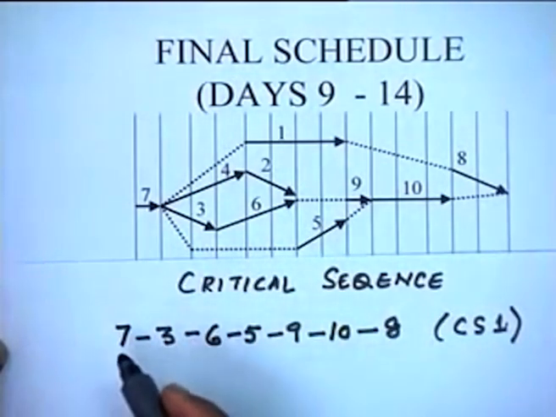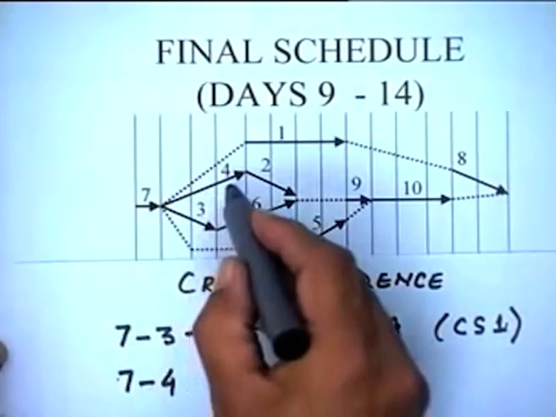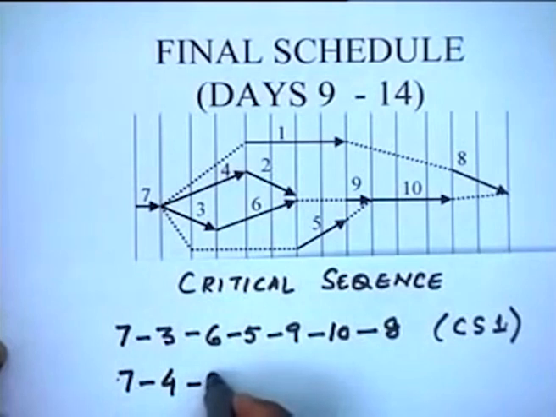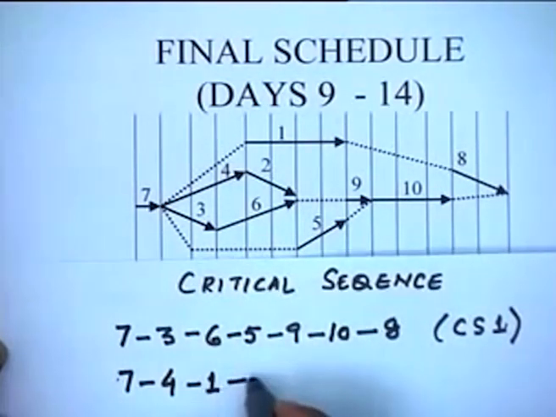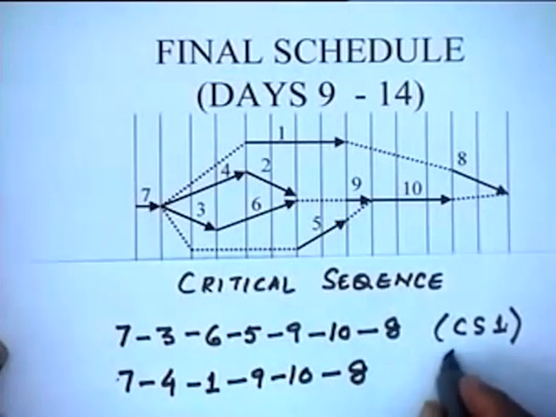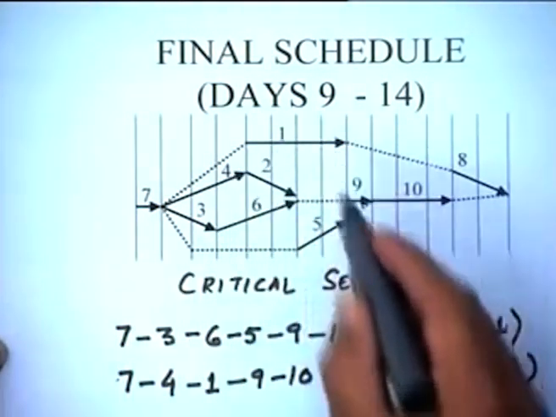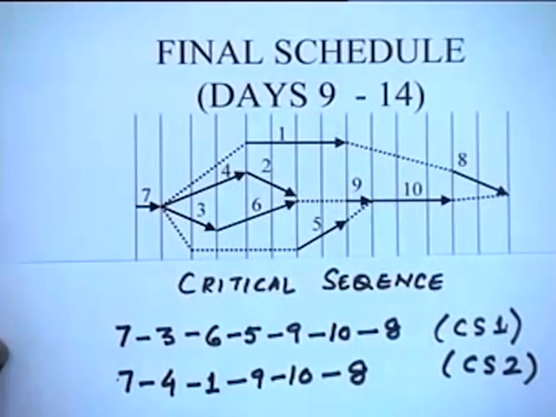Another way of going is you could have say 7, 4, and then you can go to 1, and from 1 you can go to 9, you can go to 10, and then you can go to 8. So this is the critical sequence 2, right? For the same problem, I could have gone like this.